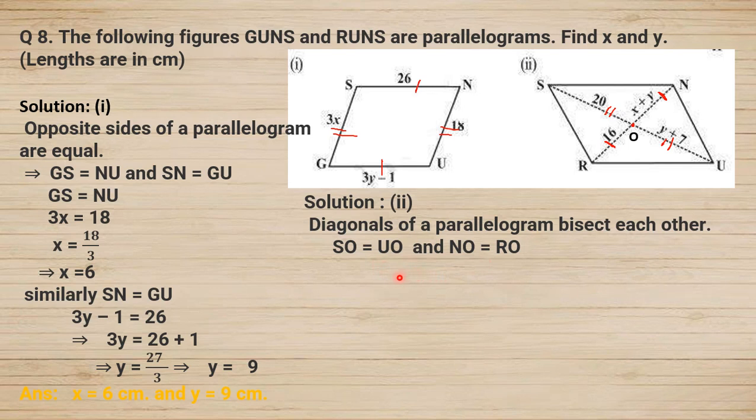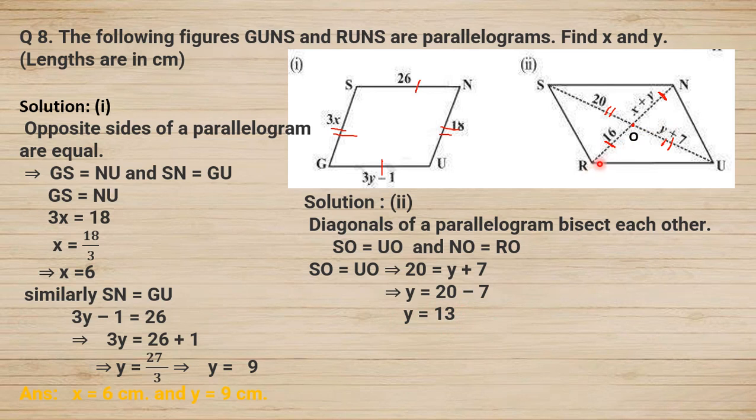So consider first SO and UO. The value of SO is given, it is 20, and the value of OU or UO is given as y plus 7. So put the value, that is 20 is equal to y plus 7. So this 7 will transpose to the left hand side, becoming 20 minus 7 is equal to y. So we get y is 20 minus 7, which is 13. So here the value of y is 13 now.